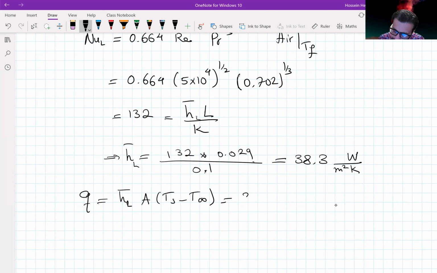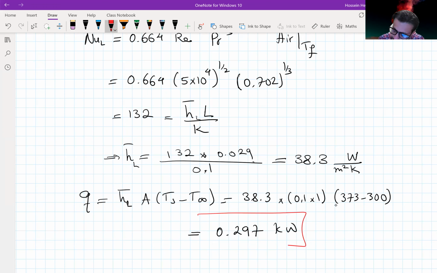If you plug in numbers, 38.3 times 0.1 times 1, times 373 minus 300, we are going to get 0.297 kilowatt. And that's going to be the rate of heat transfer from a flat plate that provides exactly the same surface area as the cylinder that we investigated.